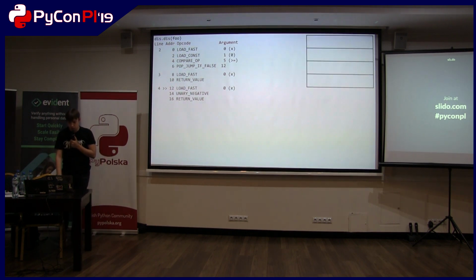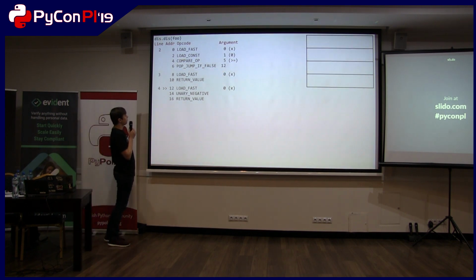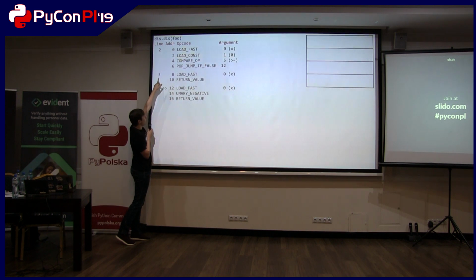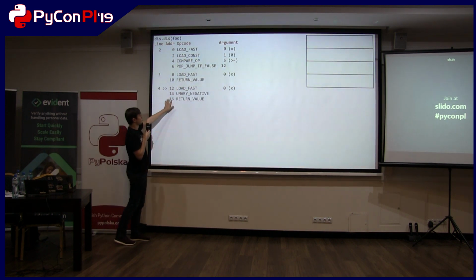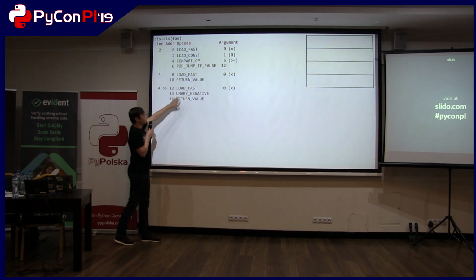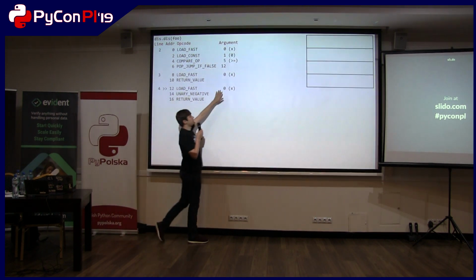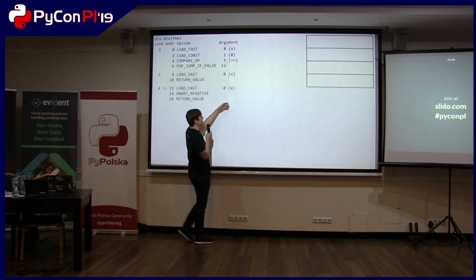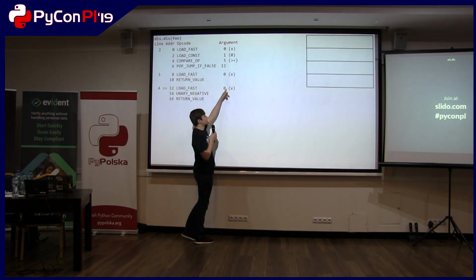So coming back to this module, it actually has 4 or maybe 5 columns. The first of which is the line. The second one is here, which I will describe in a second, but I wrote ADR for address. So this is the address of a given opcode. Then you have the opcode itself, and then you have arguments, where the display might be enhanced, showing you what exactly is being fetched by this index.